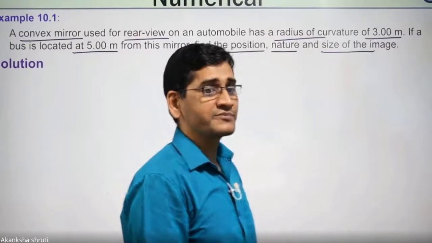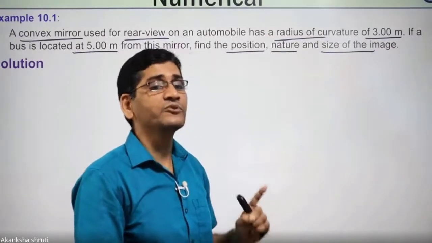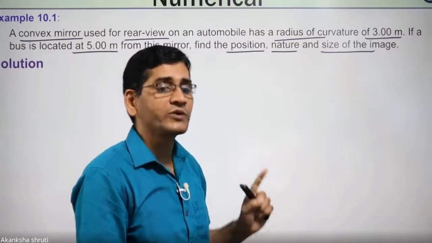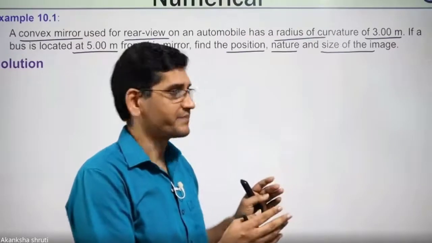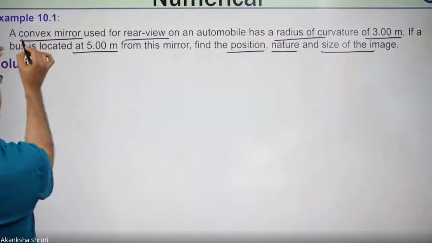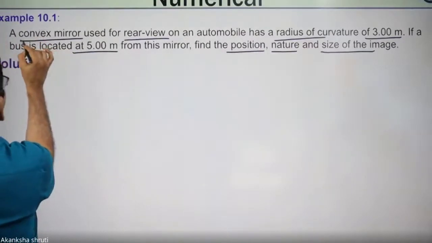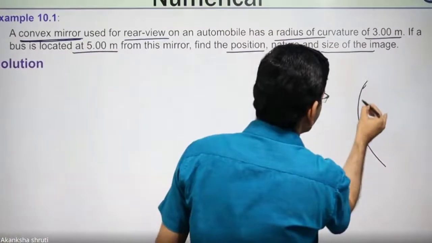Then we have to calculate the unknown. But before substituting the values in the formula, the sign convention has to be used. Means while we are noting the data, the data has to be written along with the sign convention. So students, understand each and every word carefully. A convex mirror simply means a convex mirror is given to you.